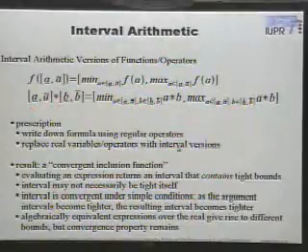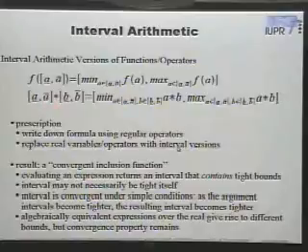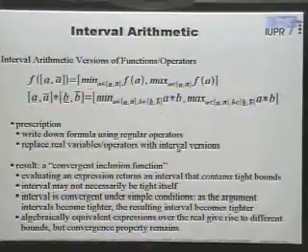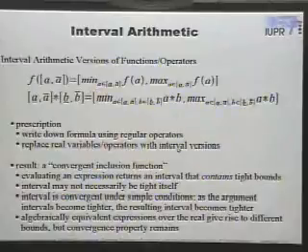And similarly, for an operator like plus, minus, times, or divide, when we combine two intervals instead of two real values, we can again look at that as the minimum value that the combination of any pair of values coming from these two intervals assumes, and the maximum value.